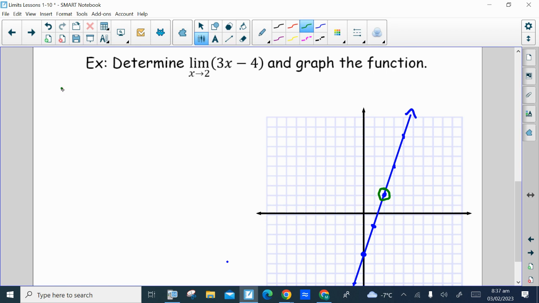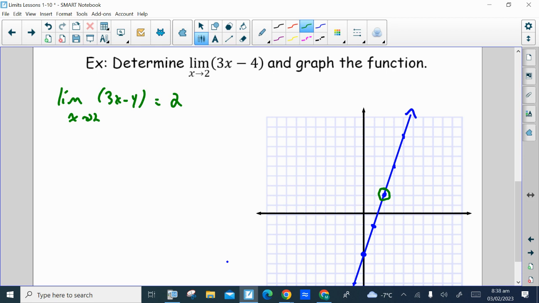So the limit as x approaches 2 of 3x minus 4 is also +2, because that is the value that y is approaching. If you look at the function, you let x equal 2, you get 3 times 2, which is 6, take away 4, get your answer.